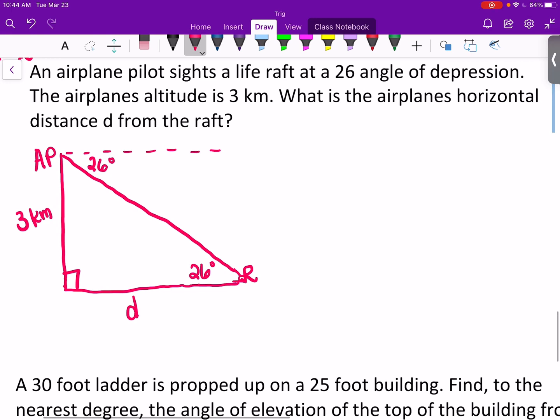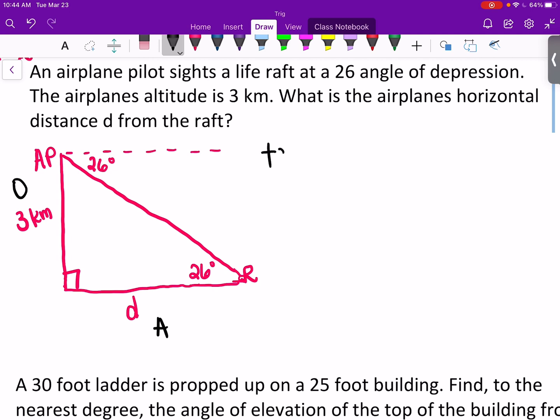So now we can use tangent to find our distance. Our 3 kilometers, this side is opposite 26 degrees. And the distance we are looking for is adjacent to 26 degrees.